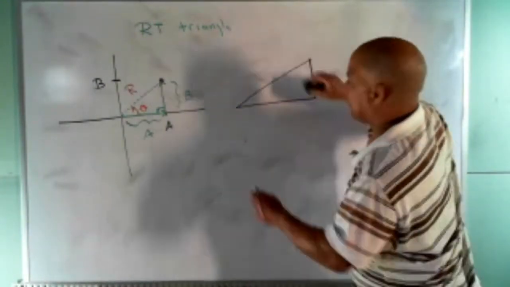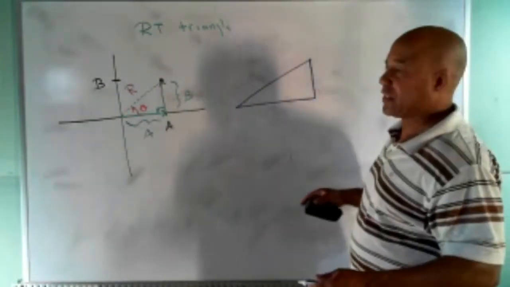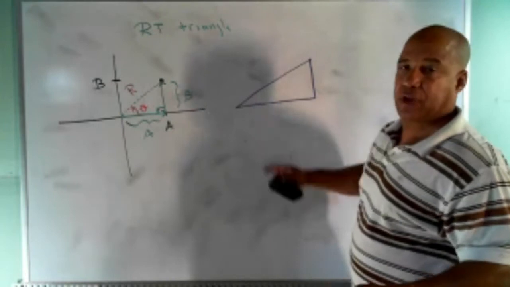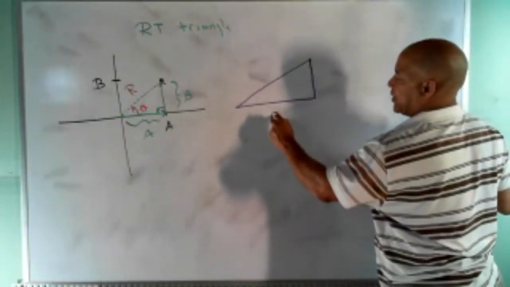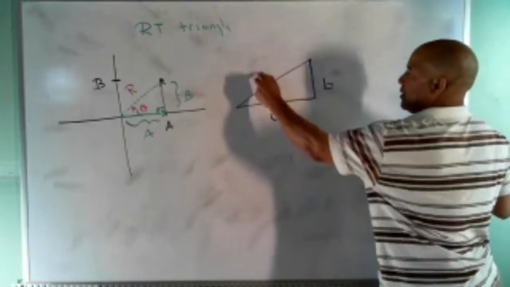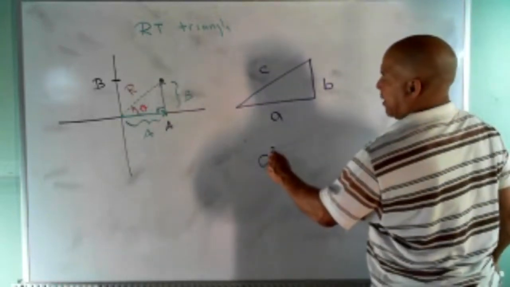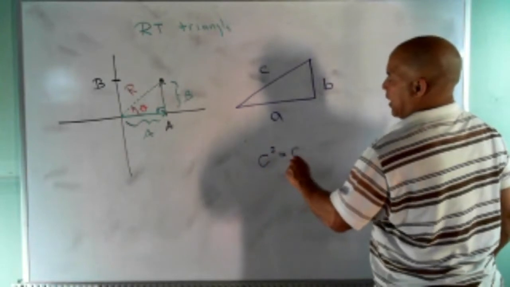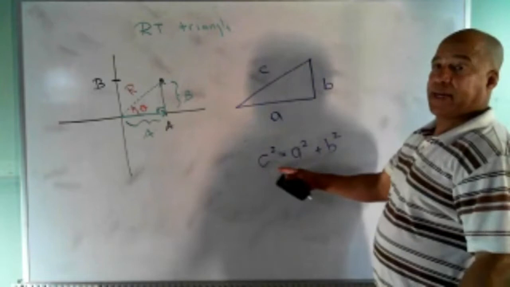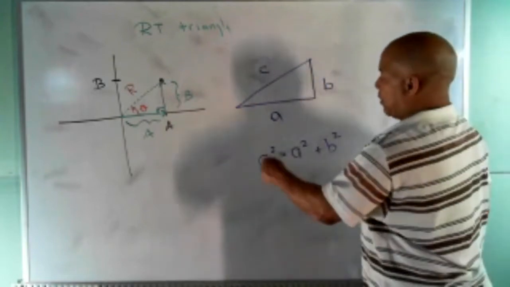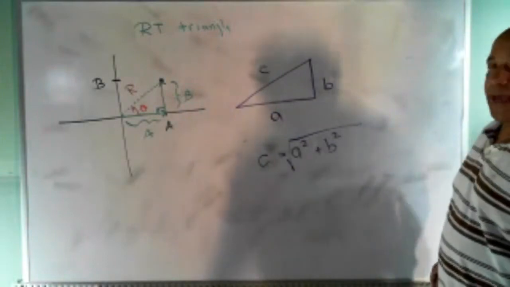They use uppercase letters for angles and lowercase for the sides of the triangle, and sometimes a Greek letter for the angle. So to review, this is a, b, c, lowercase. And you'll remember that c squared is equal to a squared plus b squared. And if I want c, I can take the square root of both sides, and then c would equal that.